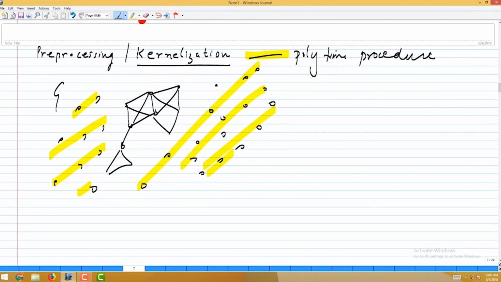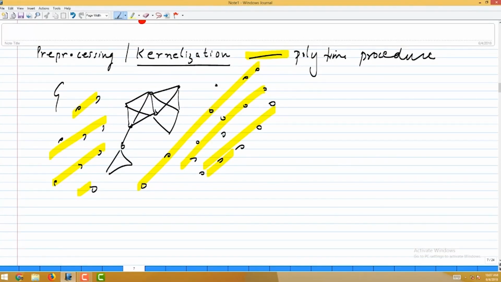That's why, in the traditional approaches to tackling NP-hard problems, preprocessing was never thought useful. Of course, it was useful in the heuristic setting, but when you want some mathematical guarantees, it was never considered useful.